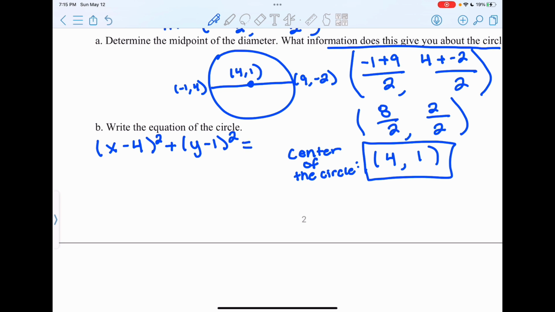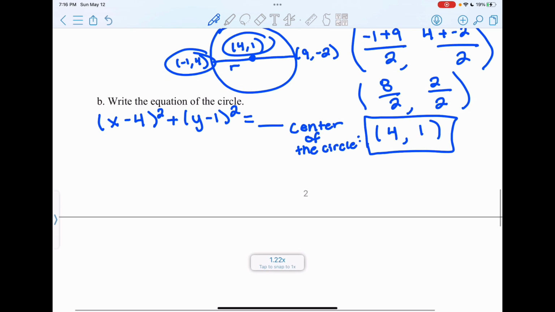But in order to finish this off, we need the radius of the circle. In order to find the radius, all I need to do is find the distance from the center of the circle to one of the endpoints. And so I'm going to pick negative 1, 4. By finding the distance between those 2 points, I find the radius of the circle.